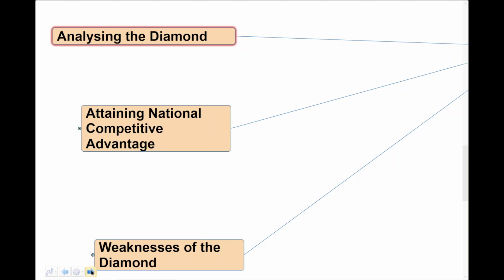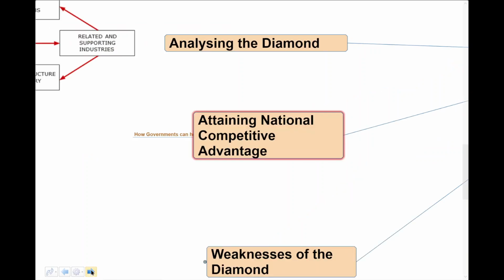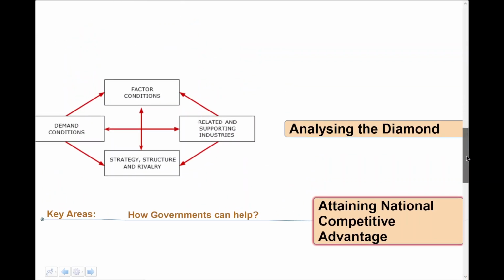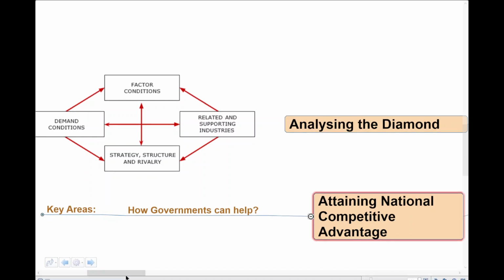What is Porter talking about? He's certainly been very, very busy in coming up with a series of models, but what's he referring to in terms of the diamond? Well, just in terms of a little bit of background, Porter's thesis was entitled The Competitive Advantage of Nations, okay? And that's where he first mentioned the diamond.